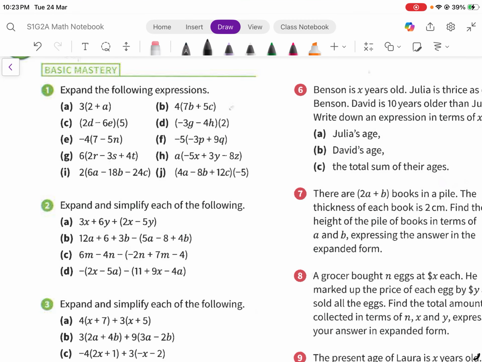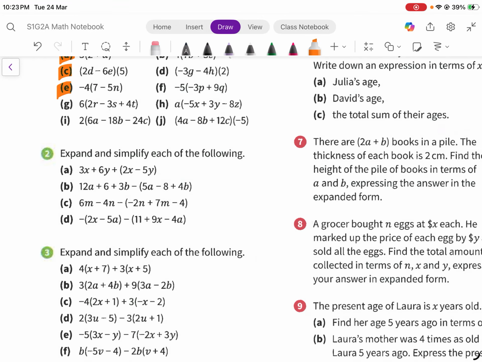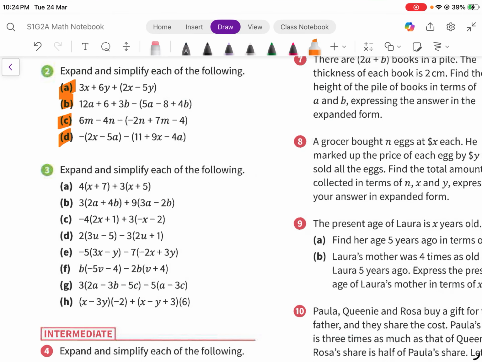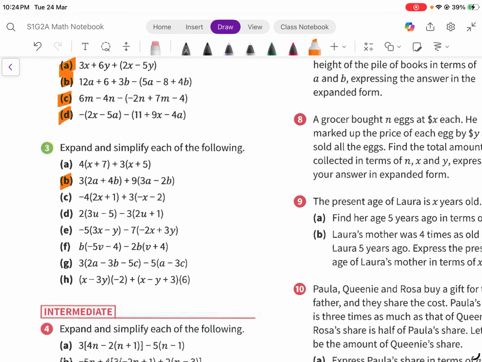Okay, so what will happen is, do this A, C, E. Okay, I want you to do this A, B, C, and D. Then this one do A, D, F.